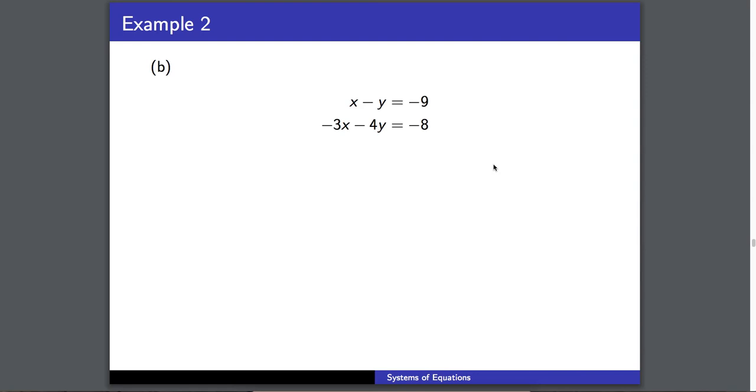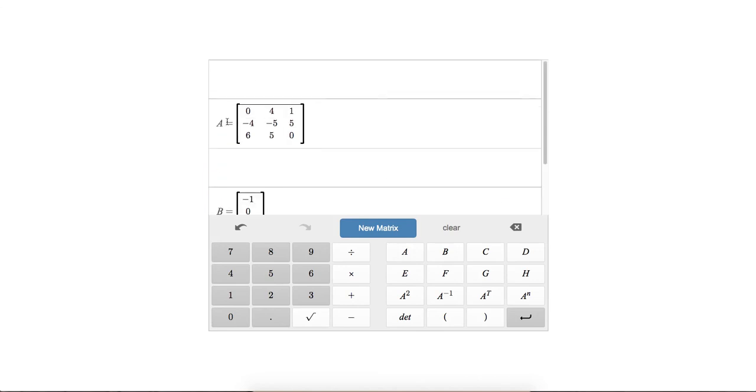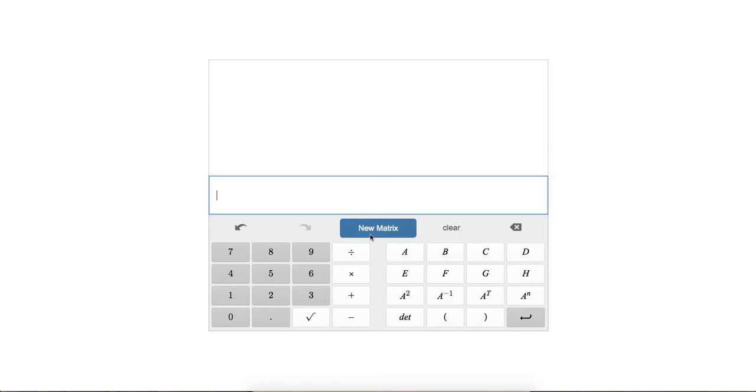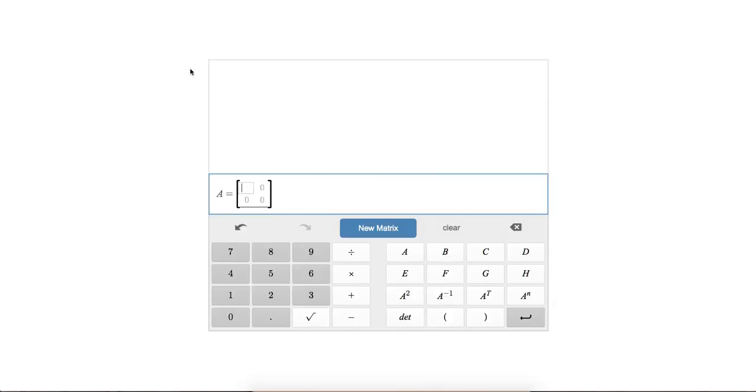All right, part B, we have x minus y equals -9 and -3x minus 4y equals -8. So writing this as a matrix equation, we're going to now put in matrix A as a 2 by 2. So let's clear this out. There we go. Okay. So matrix A is a 2 by 2, and the values are 1, -1, -3, -4.